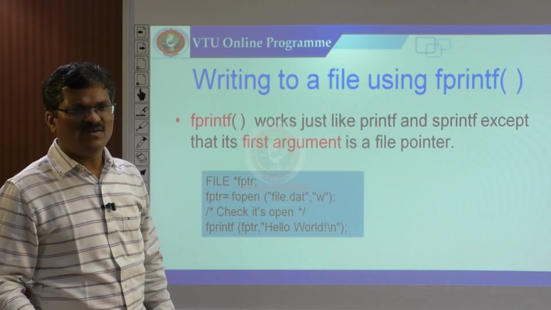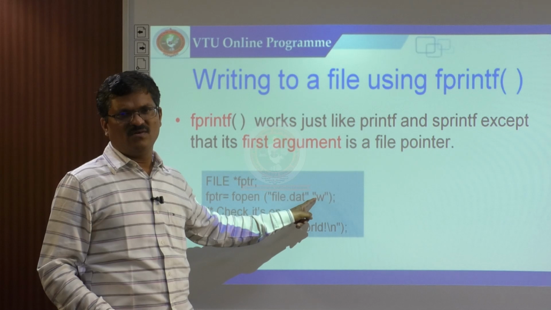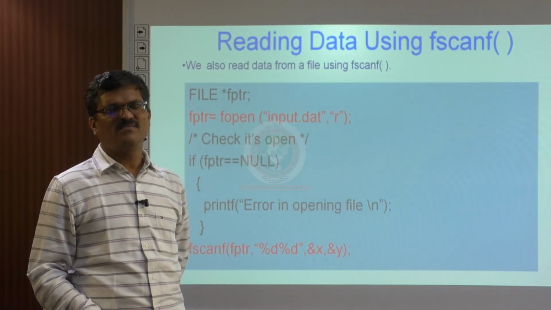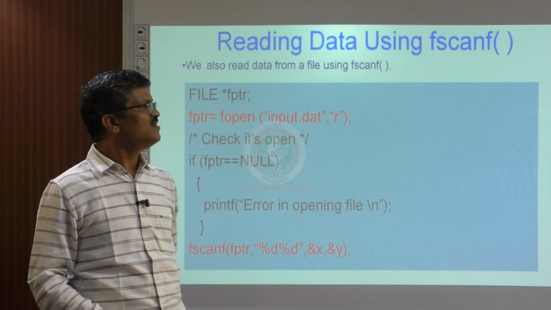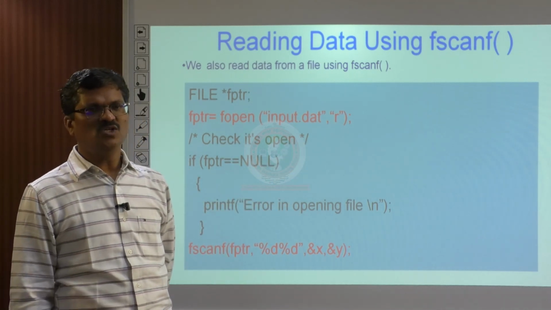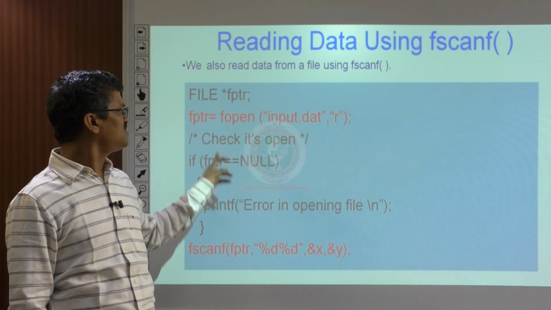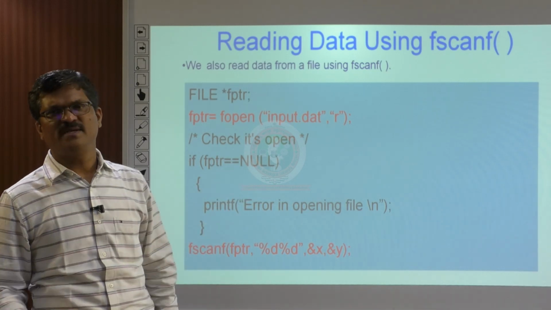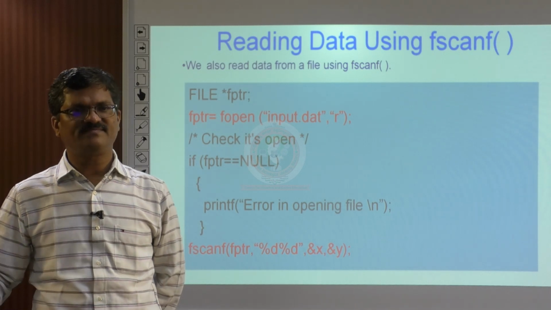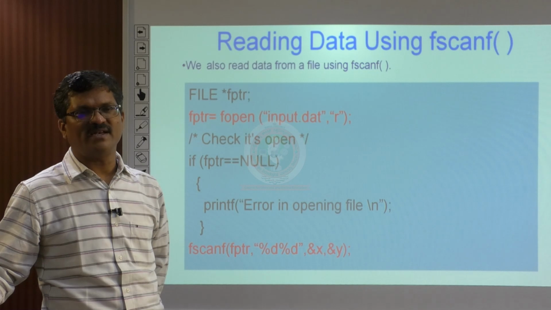Whenever you would like to write something, you have to use w, and whenever you are reading from a file, you have to use r mode. Before reading, again check if the file is opened or not using the normal command. If fptr is equal to null, there is an error. Otherwise, you read from the file input.dat.